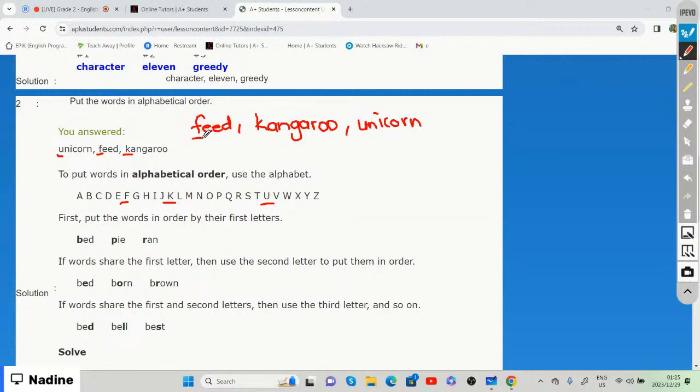So if we look at the alphabet, F comes before K, K comes before U. And to make it easier for us, we use our alphabet in order to underline the first letter of the word and to identify which letter comes before which.